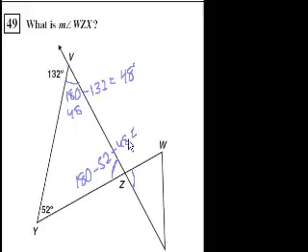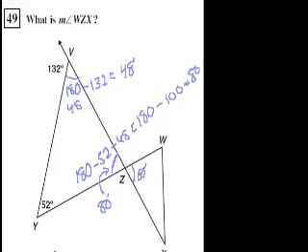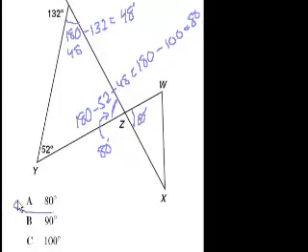And so that is equal to 180 minus 100, right? Which equals 80 degrees. So this angle right here is equal to 80 degrees. And the angle they want us to figure out is the opposite of this angle, or in the US, I guess, they say vertical angles. So opposite or vertical angles are equal, or they're congruent. So this is going to be 80 degrees as well. And that is choice A.